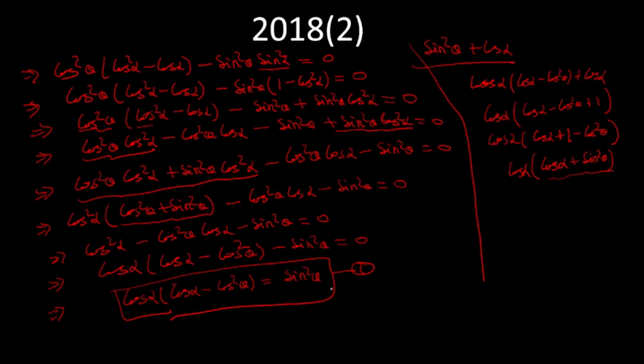When we put back the value here, we get cos square alpha minus, yeah, that is not right. I think we did some mistake. Yeah, Lucian, did you observe something? No, sir.